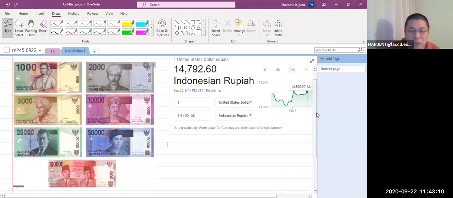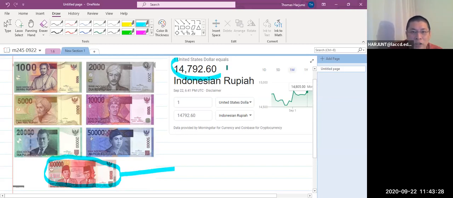Well, to tell you that you may have a diploma that looks like this. And of course, everybody's so scared with this. Oh, it must be a lot of money. Until you realize with this current exchange, this money here is less than $10.